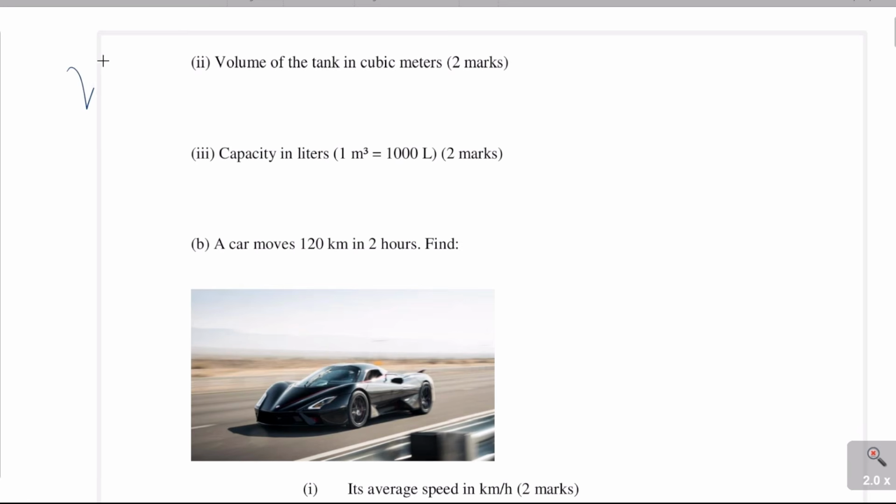Volume of that cylinder is given by pi r squared height, or simply the base area, which is a circle, that we get using pi r squared, then multiply by the height. We just got the base area: 22/7 times 0.7 times 0.7. And then we multiply by the height.